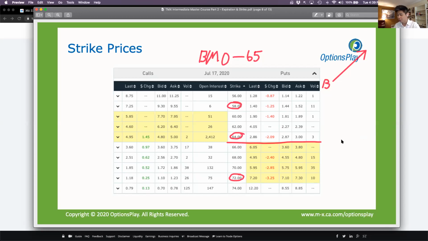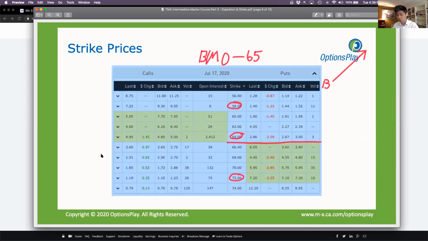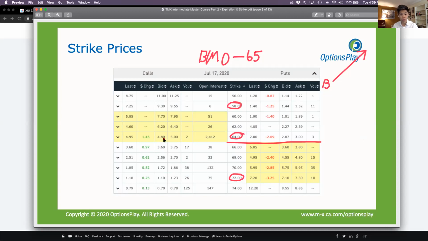Naturally, you will gravitate towards a strike price that has lower cost, because whenever you're buying an option, you want to buy low, sell high, right? So guess what? 72 options are the lowest priced options. These are only about $1.20. So why would I want to buy something for $5 when I can buy something for $1, right? I can buy 5 times as many of these $72 call options as I could of these $64 call options.